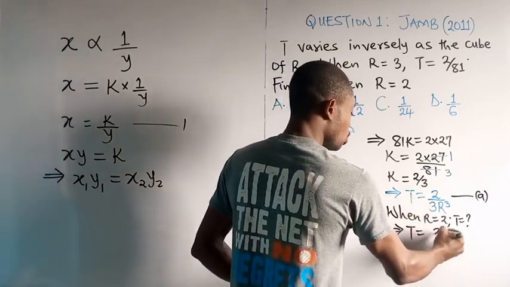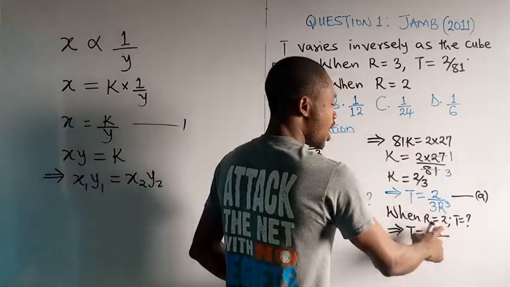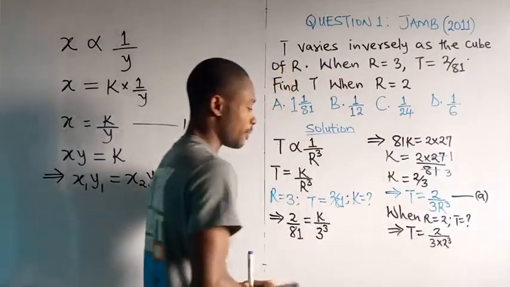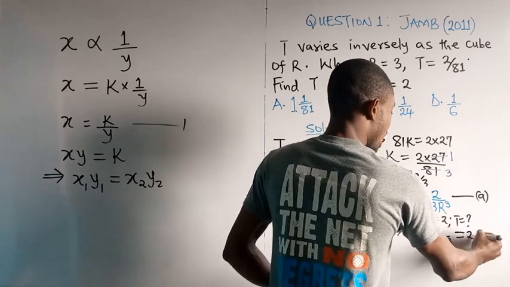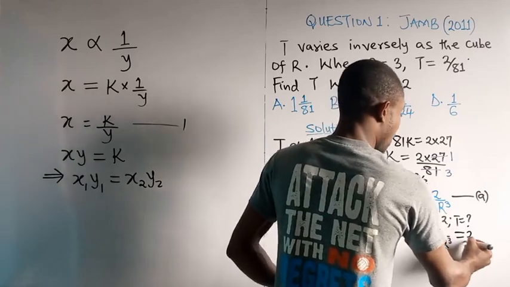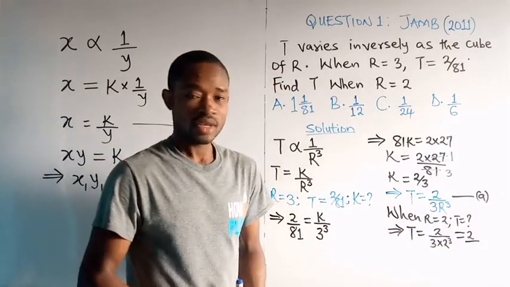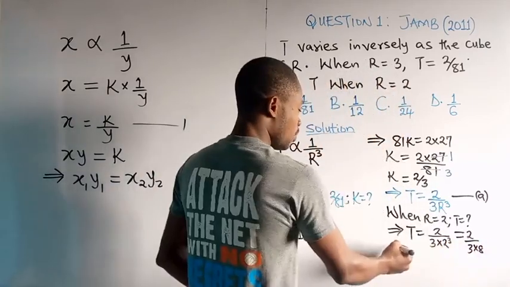This is going to be 2 all over 3 times, our r is 2 and it is raised to power 3, so it's going to be 2 to the power of 3. And then this is going to give us 2 divided by 8, you know, 2 to the power of 3 is 8. So this is going to be 3 times 8. And what is the implication?